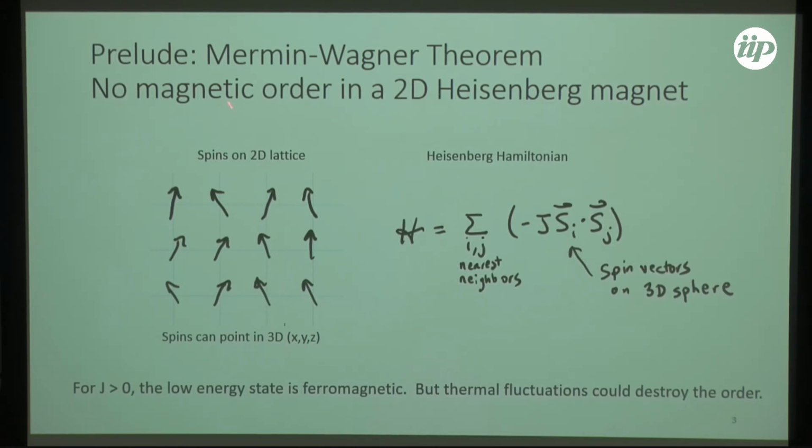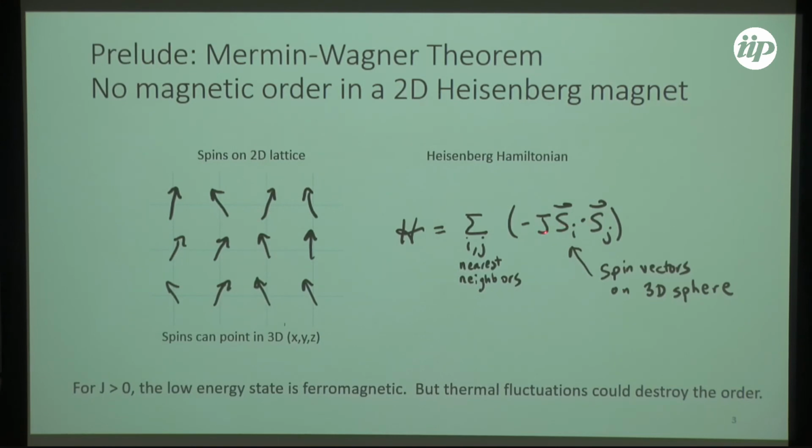And what that is, we'll have spins on a 2-dimensional lattice, and the spins can point in any direction in 3 dimensions, so in x, y, z. Okay? And the Hamiltonian is just you take nearest neighbor spins and you do a dot product, with a minus J, which is the exchange constant. So if J is greater than 0, the low energy state is the ferromagnet.